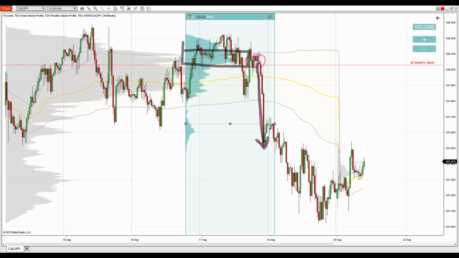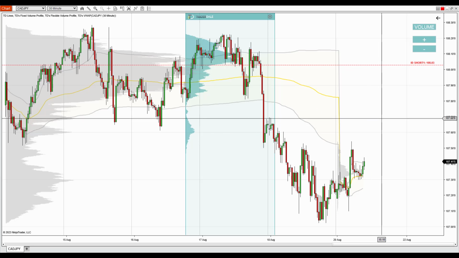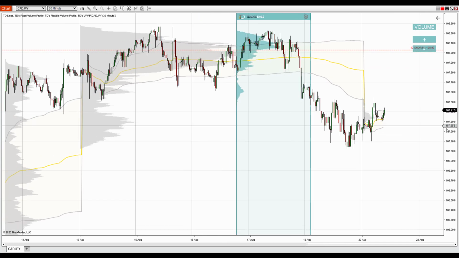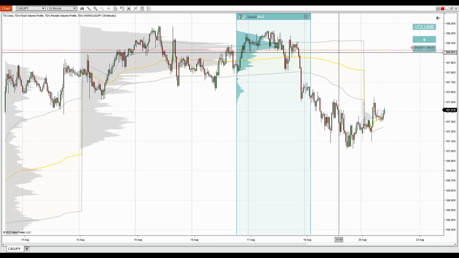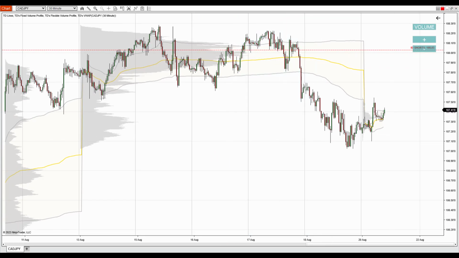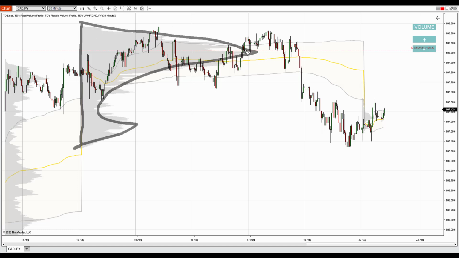Alright, and also if you look at weekly volume profile from the previous week, that's that gray profile you can see on the left, then you can see that the heaviest volumes are right here. So this is weekly point of control, which basically means that the heaviest volumes throughout the whole week were traded here.